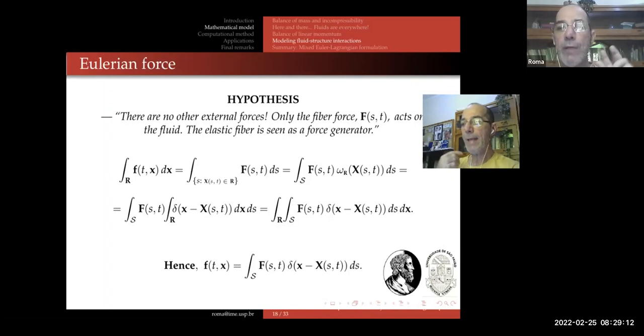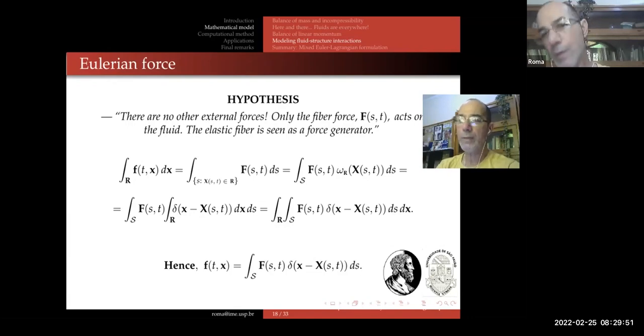But I can rewrite this integration in a different form. I could just write an integral on the entire elastic fiber, but I can use some mathematical trick, and this is the characteristic function of the region R. A characteristic function of some region is a function that returns 1 if the point is inside the region, and it returns 0 if the point is outside.